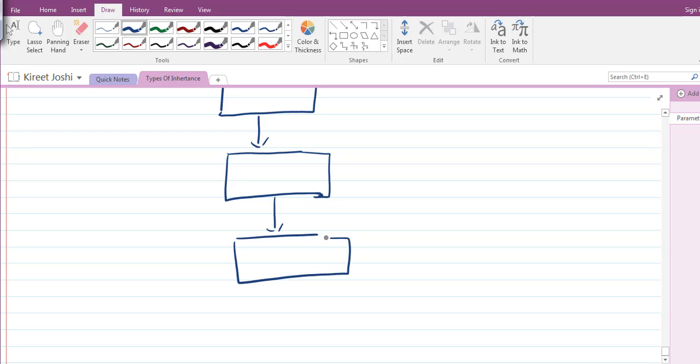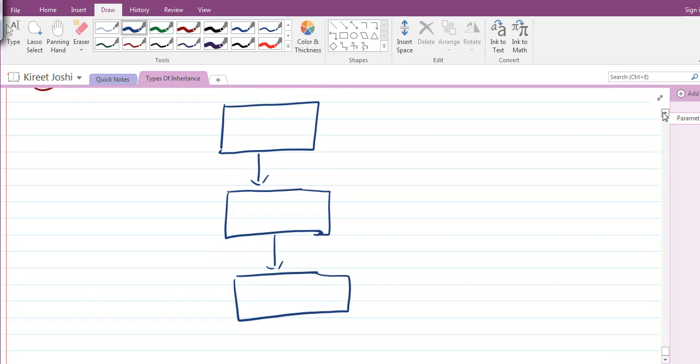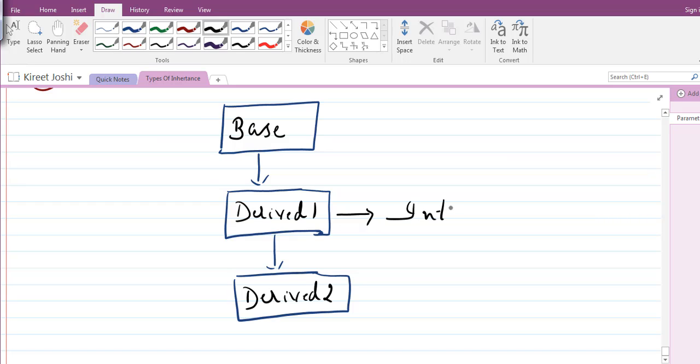So here we have created 3 blocks, and the first one is a base class. This is a derived class, derived 1, and this is derived 2. Here you can see that derived 1 is an intermediate base class for derived 2.